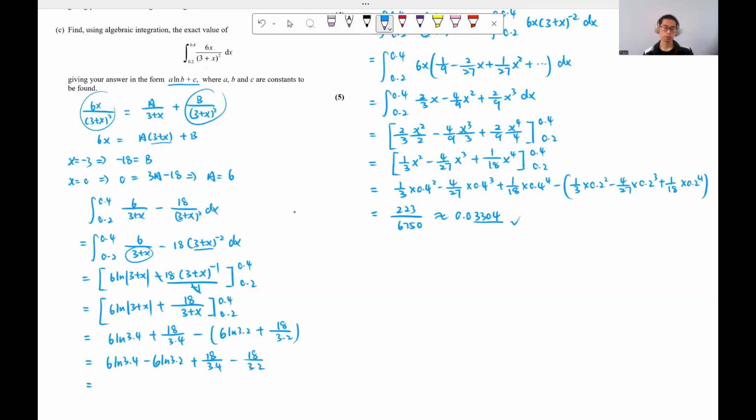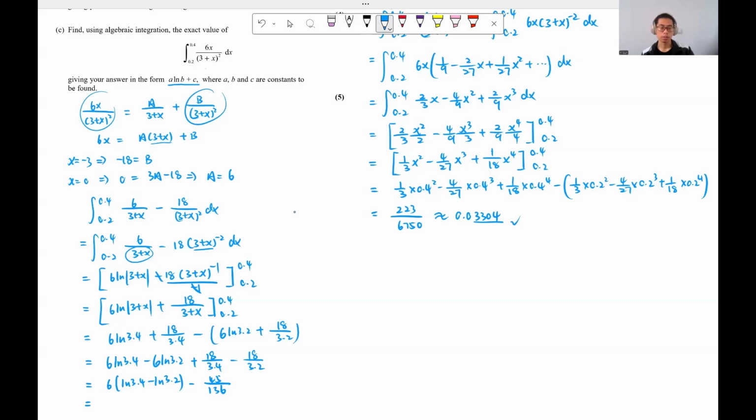So then factorize 6, that would be 6 times (ln 3.4 minus ln 3.2). And in the second half, we can just put it in the calculator: 18 over 3.4 minus 18 over 3.2, which is negative 45 over 136.